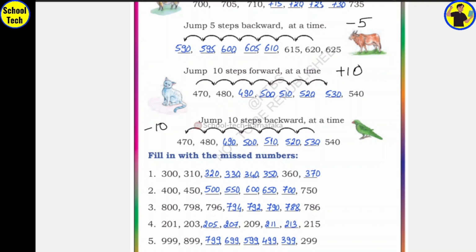So the given number here is 540. 540 minus 10 is 530. 530 minus 10, 520. The next 510, 500, 490, 480 and 470.